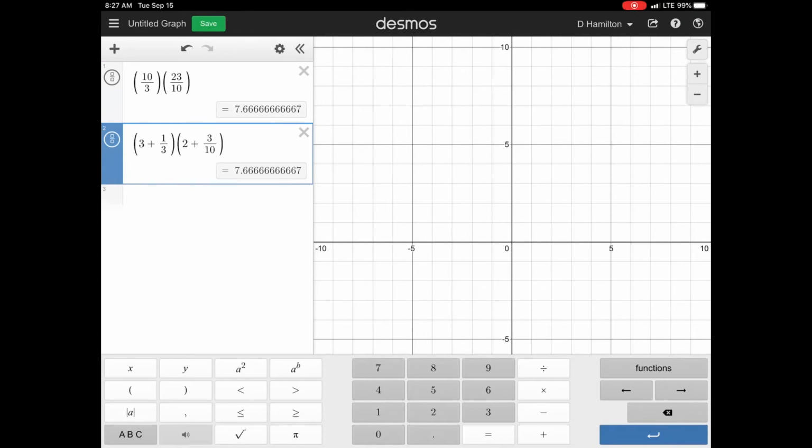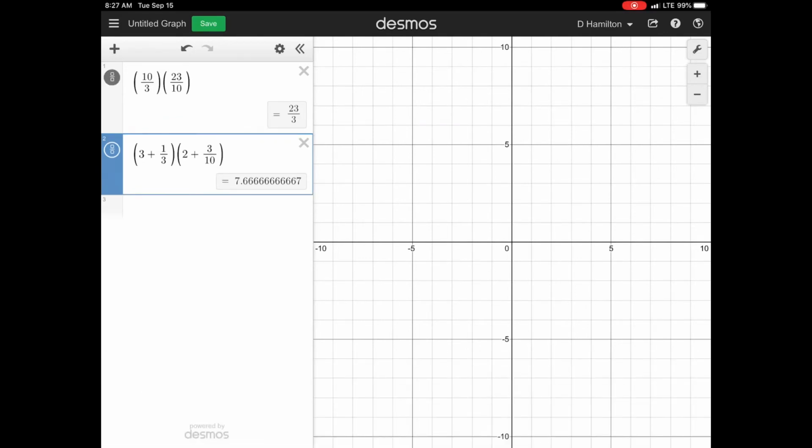And just so we're clear with that last example, you can see in Desmos, I typed in for the first cell the way that we did it. We changed those mixed fractions to improper fractions, 10/3 times 23/10, and that left us with that decimal. If we hit the fraction symbol on the left, it converts that to 23/3.